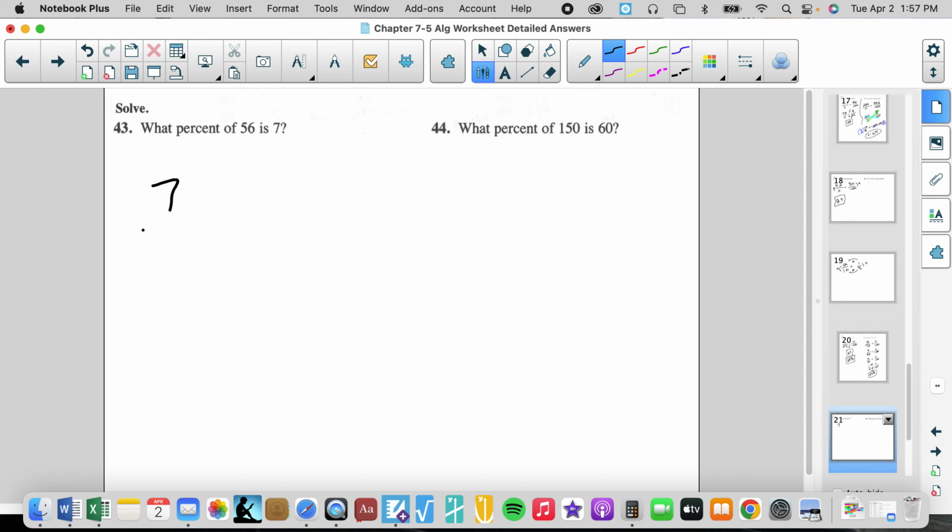Is over of equals percent over 100. So that's 1/8 equals x over 100. We'll get 8x equals 100.